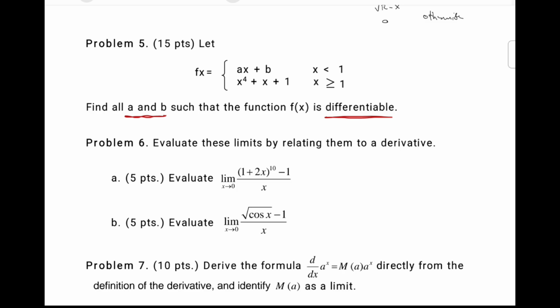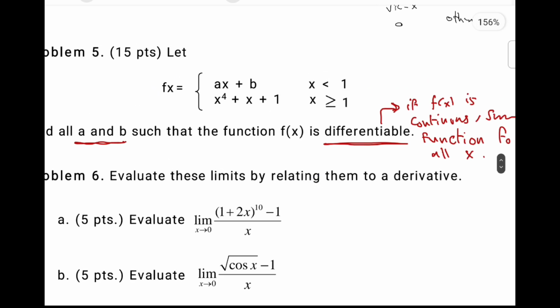So a function is differentiable if f of x is continuous and smooth for all values of x. So let's look at this carefully.